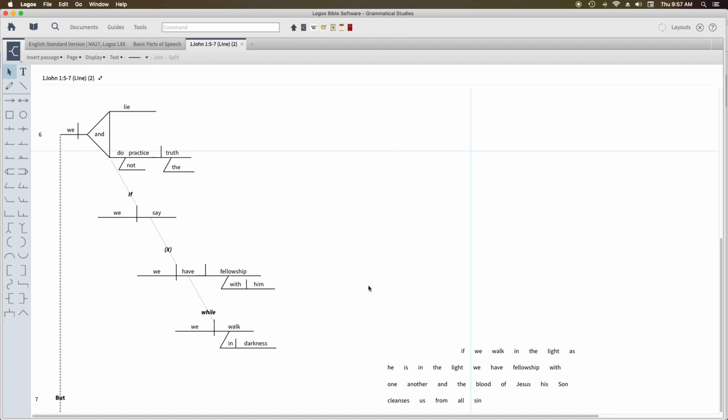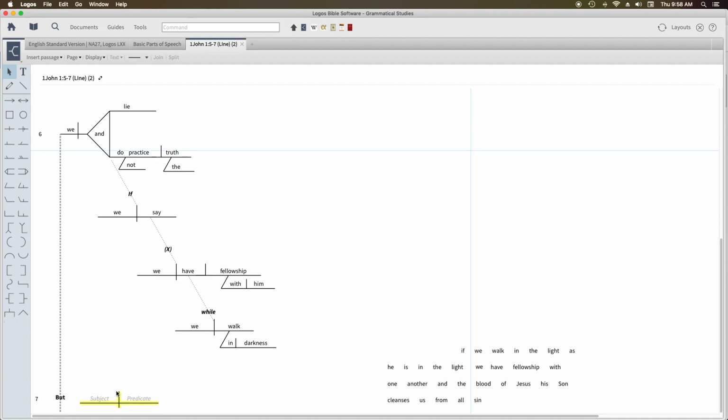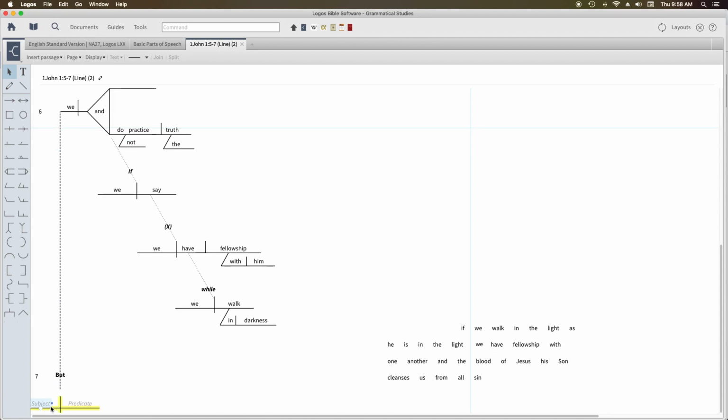And so we come down here and we need to find the head phrase, which is we have fellowship with one another. And so what I'm going to do is go ahead and get my verb and my subject. If you drag this one by the top, it works a little bit better. There we go. I'm going to connect them together here.